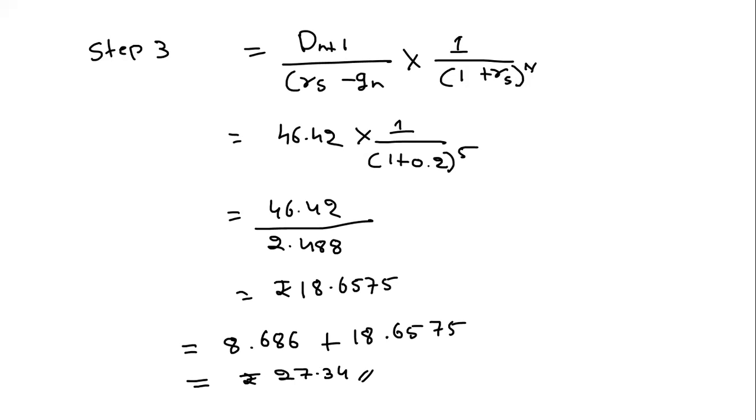So the computed value is 27.34, which is lower than the market price of rupees 40. So this is how to use the growth model, and this is called the two-stage growth model.